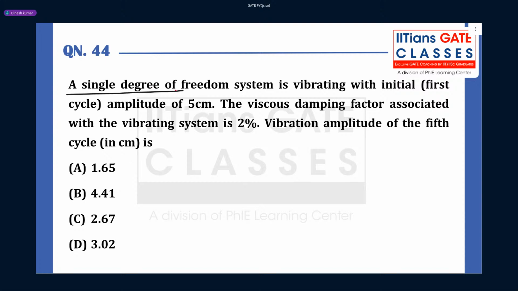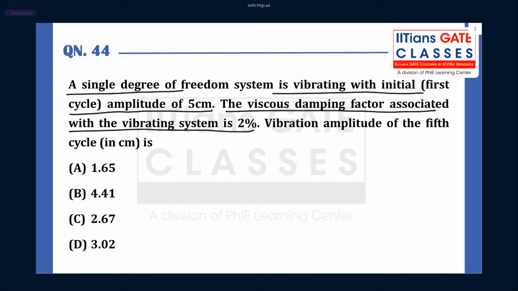A single degree of freedom system is vibrating with initial first cycle amplitude of 5 centimeter. The viscous damping factor associated with the vibrating system is 2%. Vibration amplitude of the fifth cycle is, they asked vibration amplitude of fifth cycle.